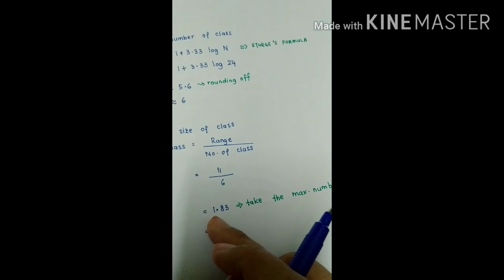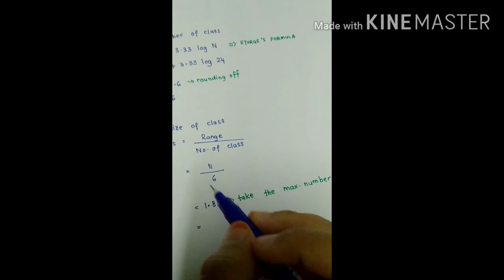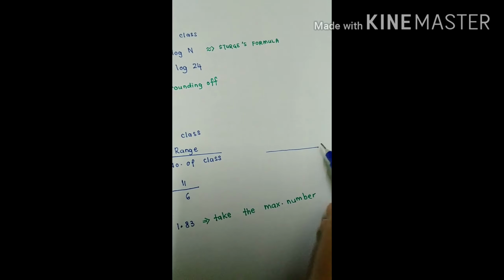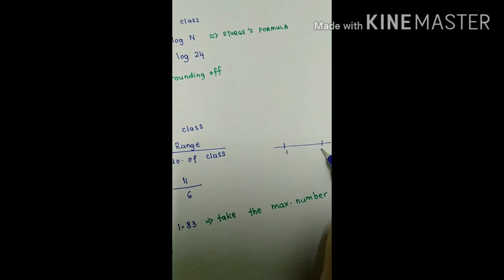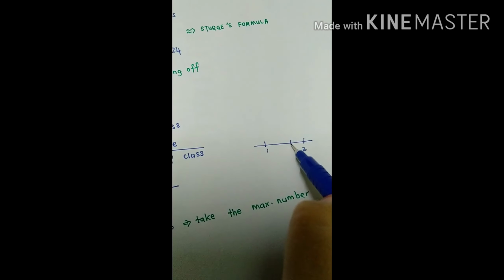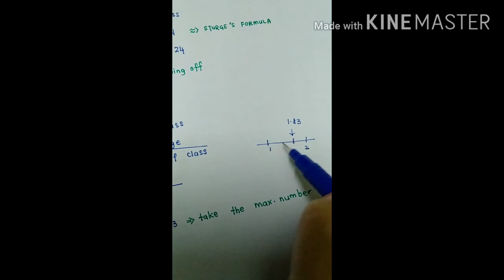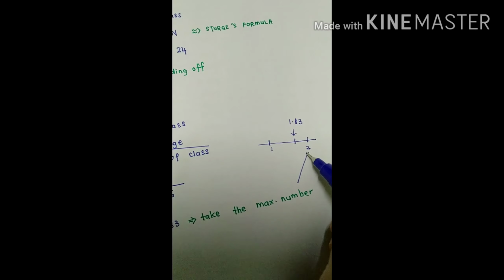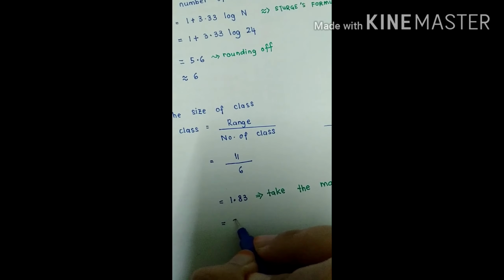Let me show the number line. So we have 1 and then we have 2. So 1.83 lies in between 1 and 2. So we must take the maximum number. So our size of class is 2.